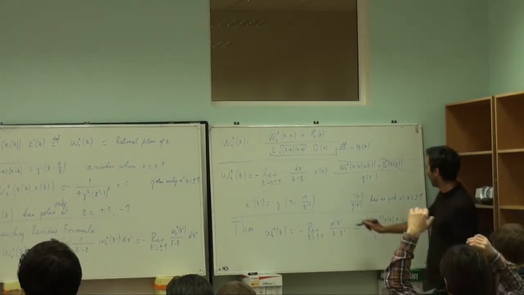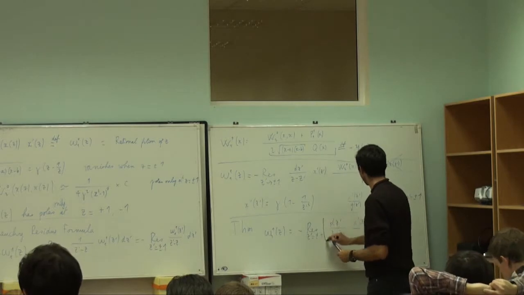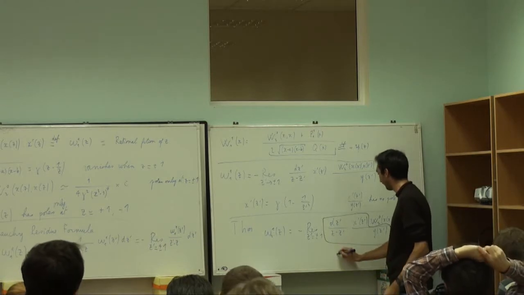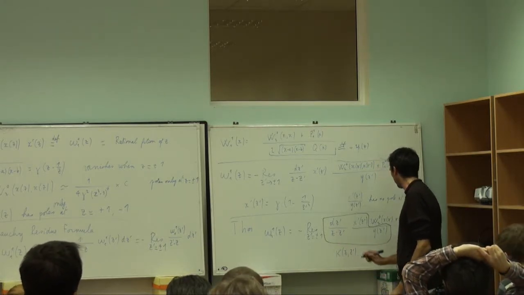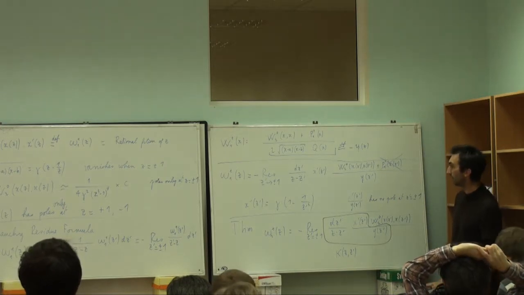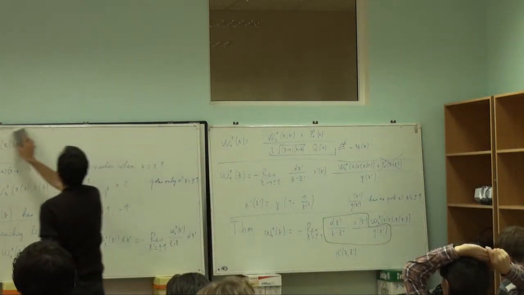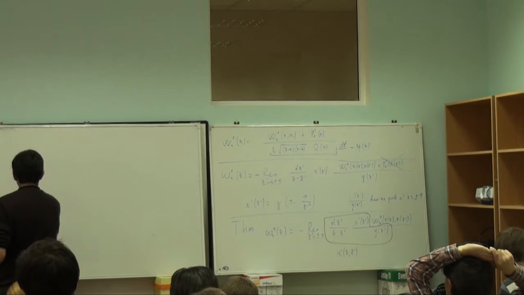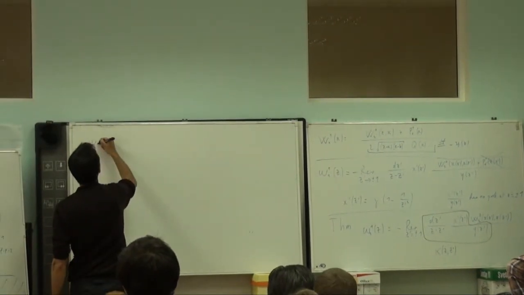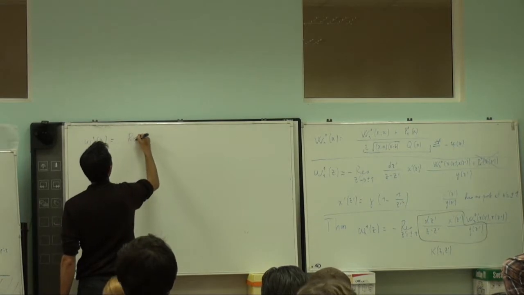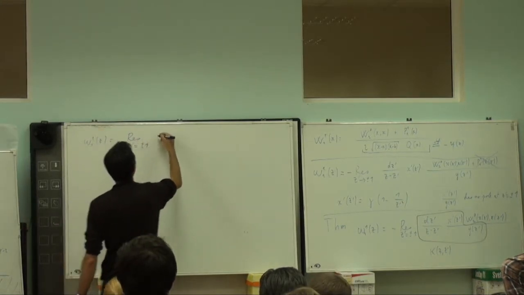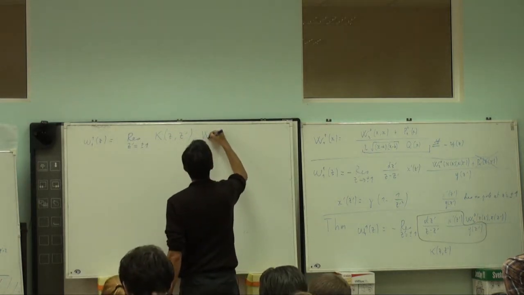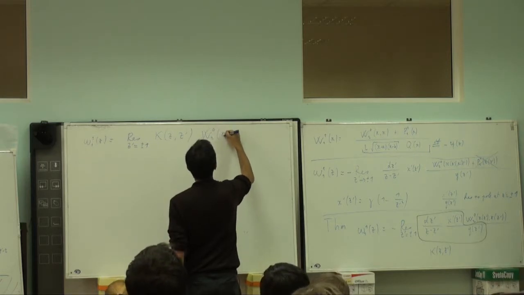Let me put those terms together and call that k of z z prime. So what we have is that omega 1 of z equals residue when z prime equals plus or minus 1 of k of z z prime times this quantity, omega 20 of x of z prime.